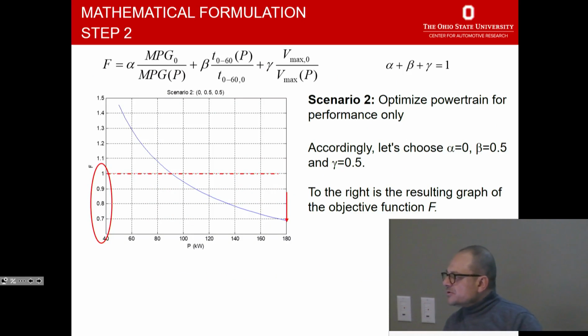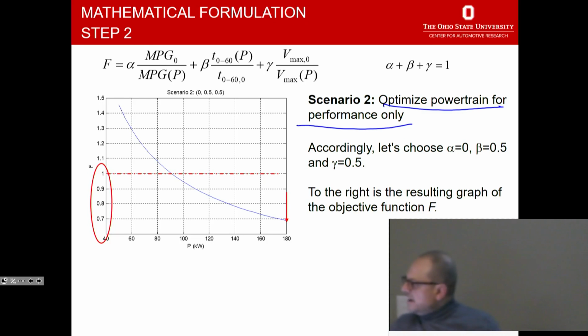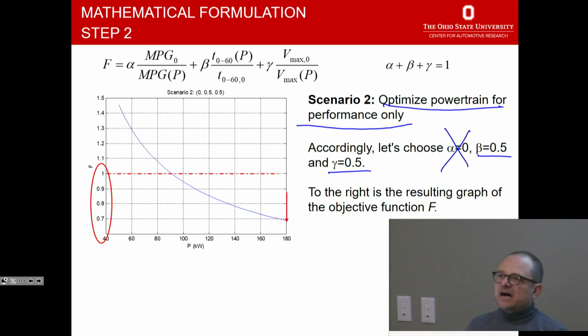So now let's take a second option, and we're going to now optimize for performance only, okay? And this time what I'm going to do is select alpha equals 0 and beta and gamma equals 2.5. I want to have a compromise between my ability to accelerate and my ability to arrive at a top speed.